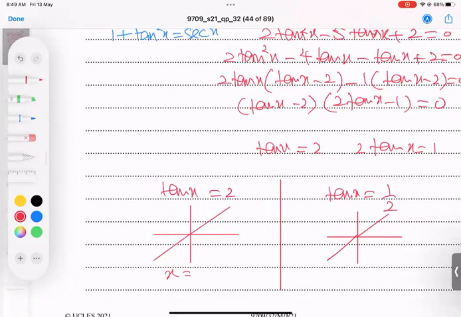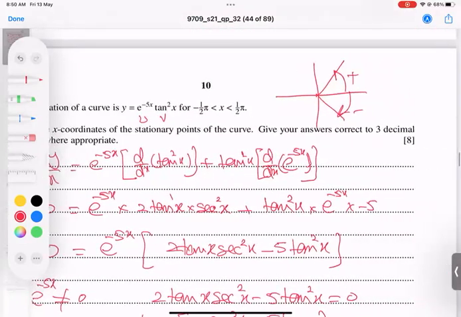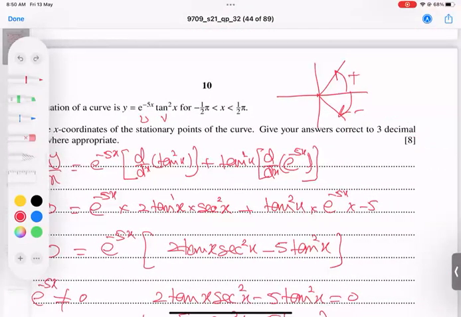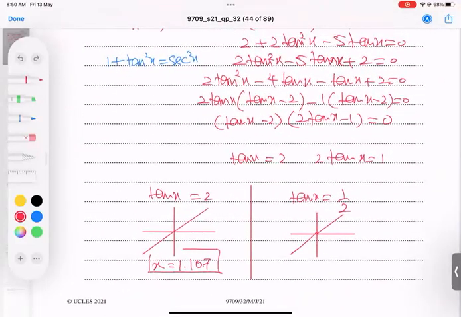So tan inverse of 2 is giving you 1.107. And let me see what the accuracy level is. 3 dp. So the accuracy level is 3 dp. Then this is my final answer. And tan inverse of 1 divided by 2, I'm getting here 0.464.